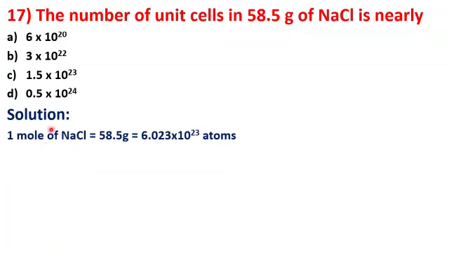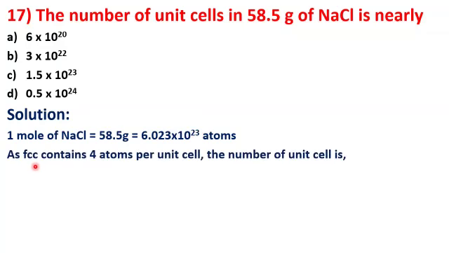So 1 mole of NaCl is equal to 58.5 gram and it must contain Avogadro number of particles. Hence it contains 6.023 into 10 raised to 23 atoms. So here FCC contains 4 atoms per unit cell. So the number of unit cells is total number of atoms divided by number of atoms per unit cell.